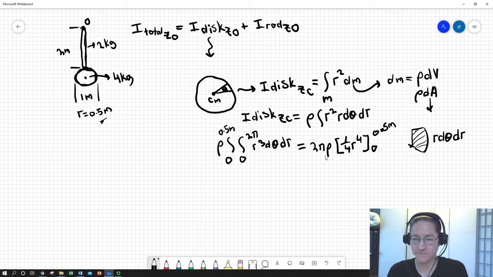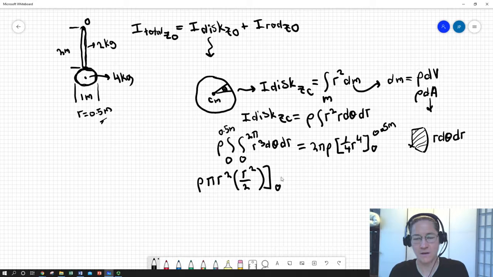the radius of our plate. And rewriting again, we can rearrange some terms there before I plug in those limits. The bottom one is 0, so we're just going to end up with the upper limit from 0 to 0.5 meters.